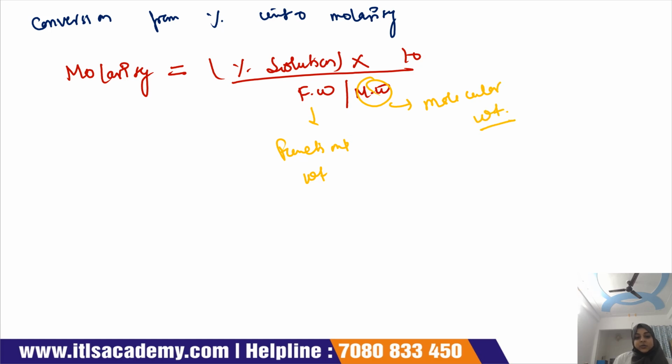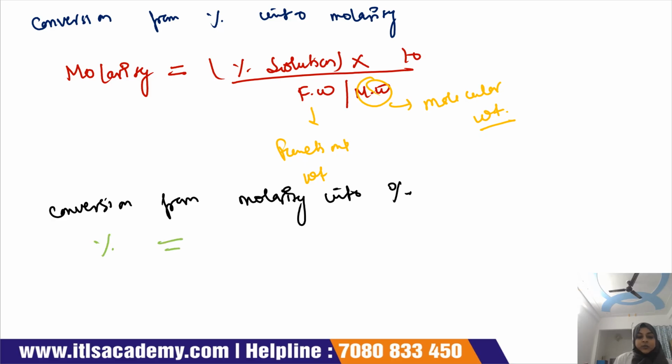Now the next is your conversion from molarity into percentage. For this we use a formula: percentage is equal to molecular weight multiplied by molarity divided by 10.